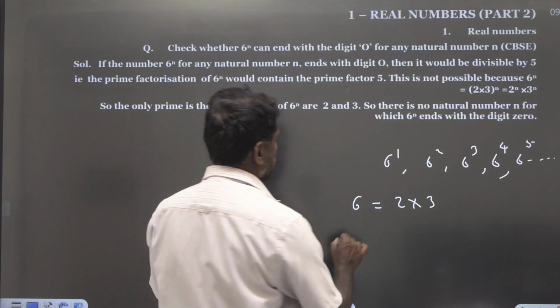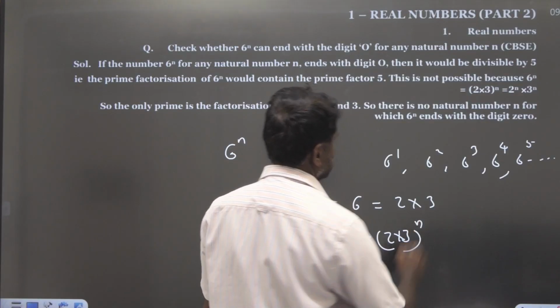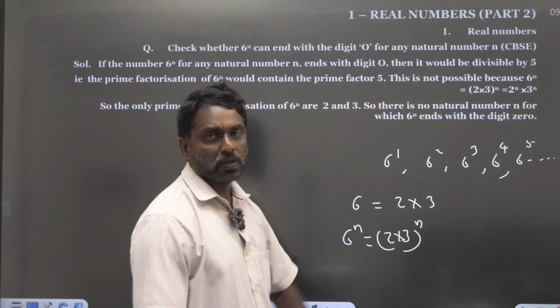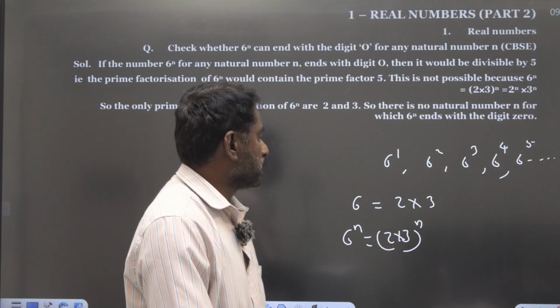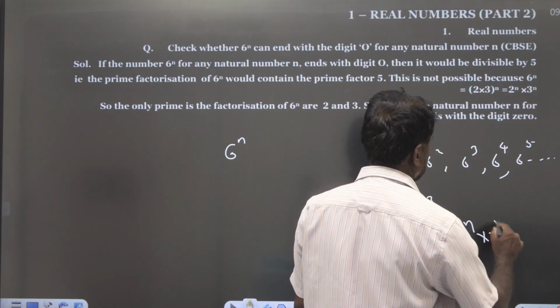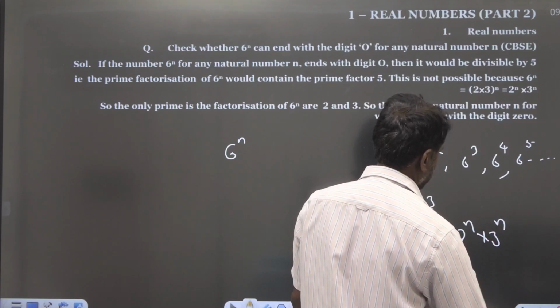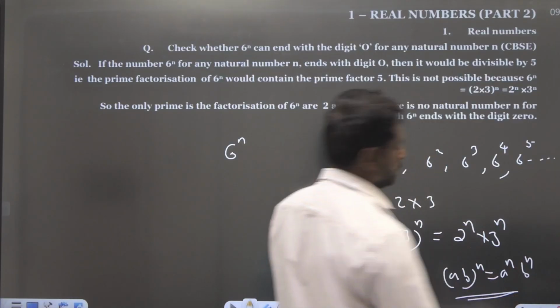So 6 raised to n can be written as 2 into 3 whole raised to n. 6 is equal to 2 into 3. So what is 6 raised to n? 2 into 3 whole raised to n. That is equal to 2 raised to n into 3 raised to n. Why? (AB) whole raised to n is equal to A raised to n into B raised to n, the formula.